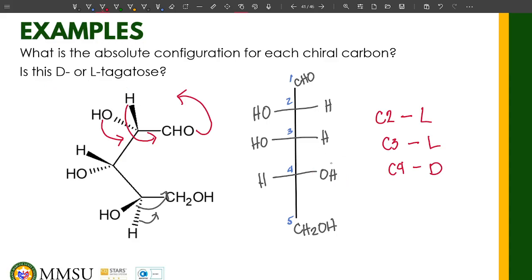That is a D configuration because of your carbon 4. It is the last one, and it is on the right. And so, this is a D-tagatose. That's all there is to the D and L configuration.